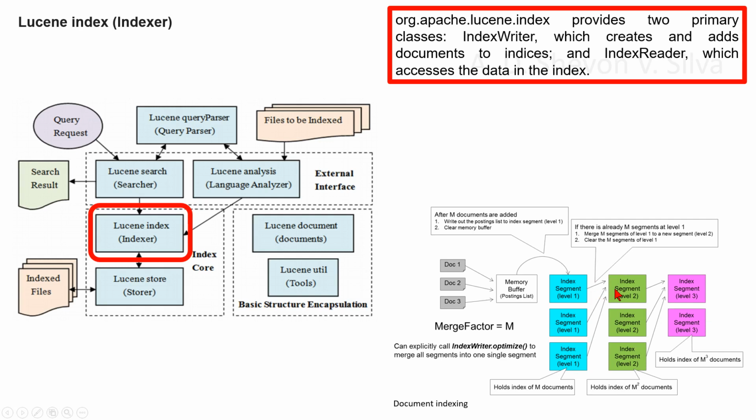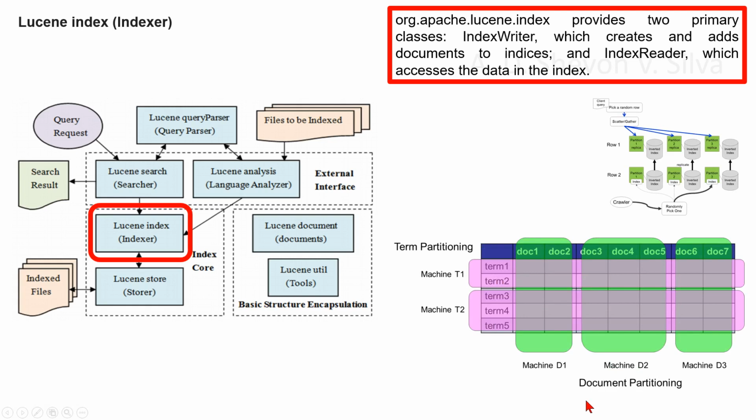Here you can see it holds the index of M documents, here it holds the index of M to the power 2 documents, and index segments of level 2 are connected to index segments of level 3, which holds the index of M to the power 3 documents.